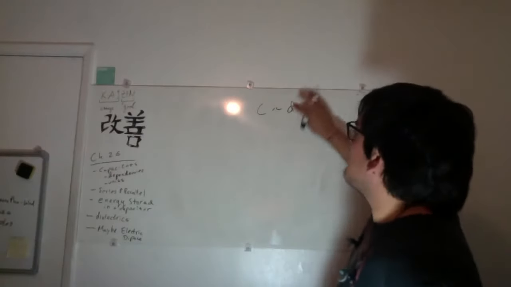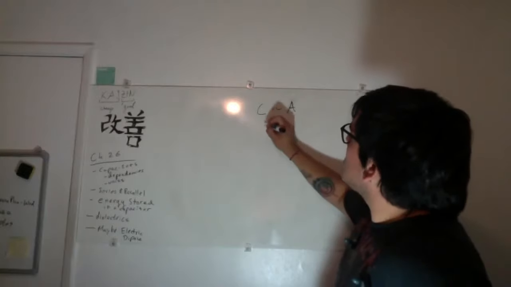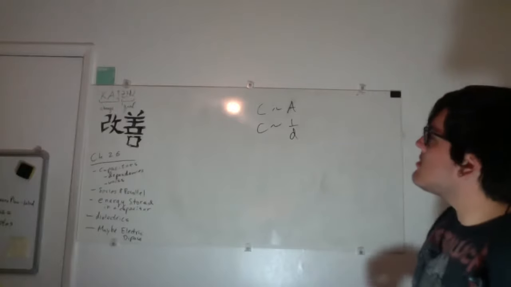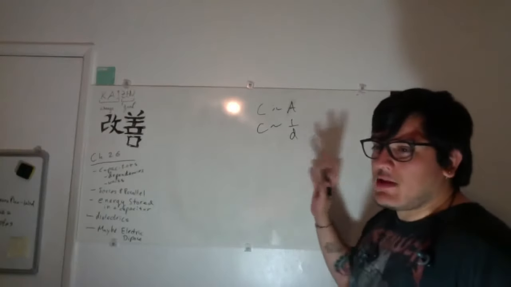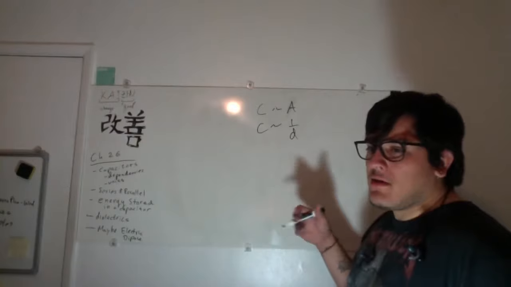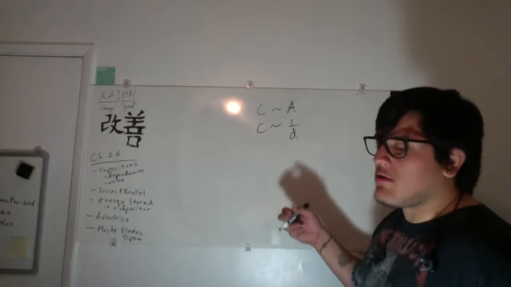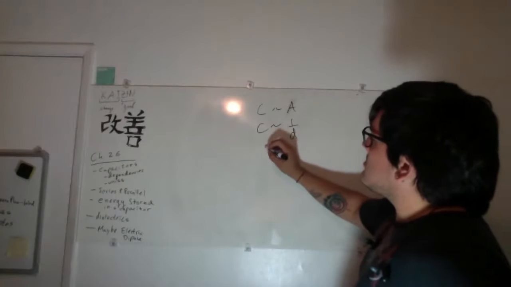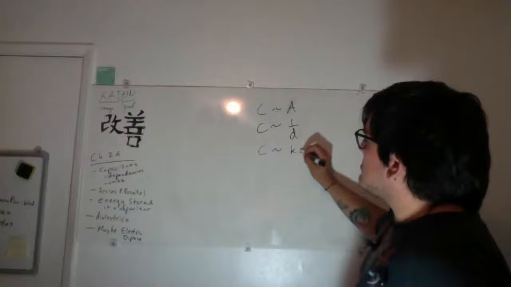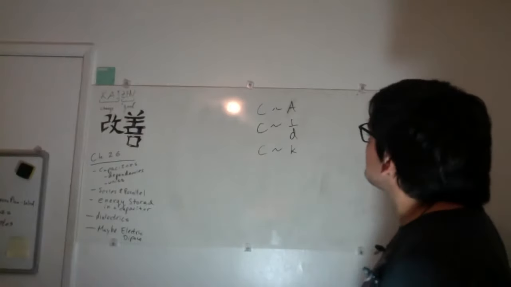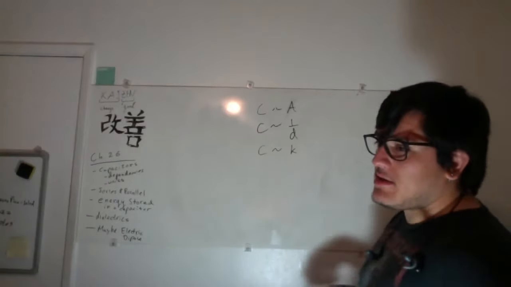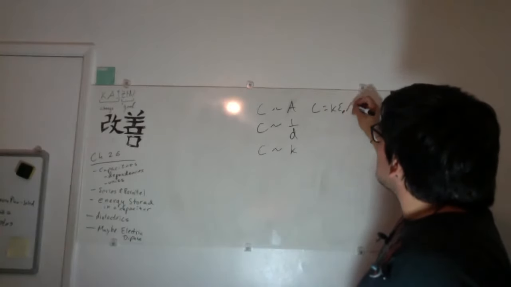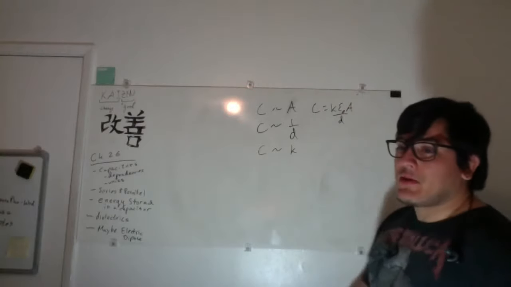Wait, no. Proportional to A and inversely proportional to D. These are really important because when we put a dielectric in a capacitor, then C becomes proportional to K. So let's write this out as a function.